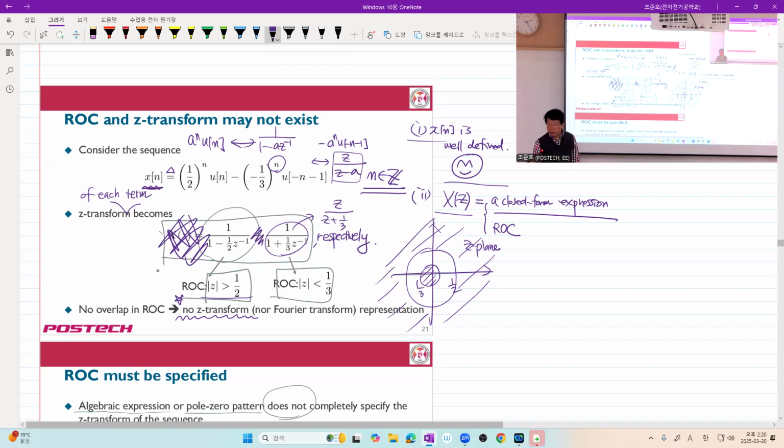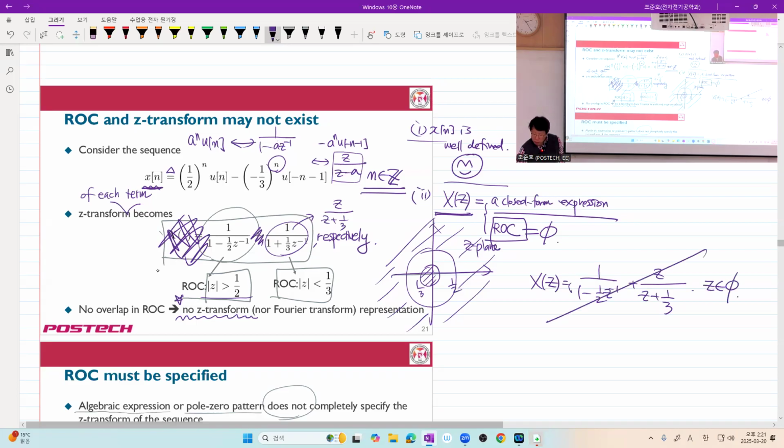Then what can we say about capital X of Z, the Z transform? The Z transform has what? The region of convergence is the empty set. In that case, we do not say, hey, capital X of Z is 1 over 1 minus 1/2 Z inverse plus Z over Z plus 1/3. For Z in the empty set, we do not write it this way.